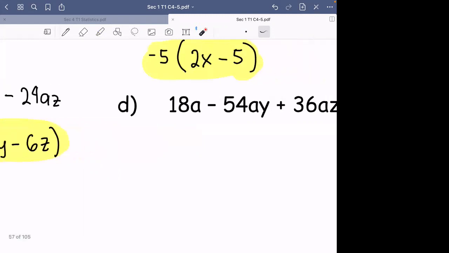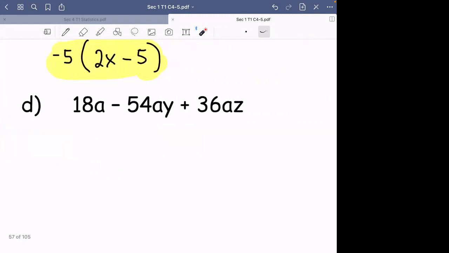Okay, let's have letter D. For letter D, we now have 3 terms: the first term, the second term, and the third term. This one, you need to be careful. Let's have 18, 54 and 36. What is the HCF of those three numbers? 18, 54, and 36.